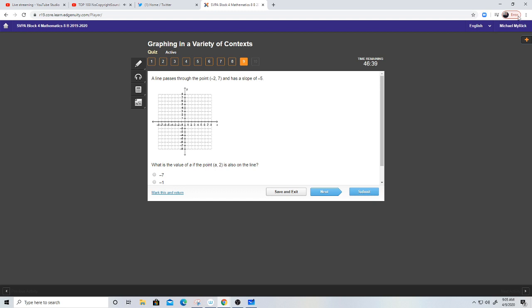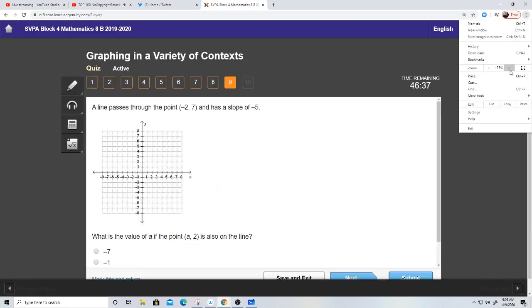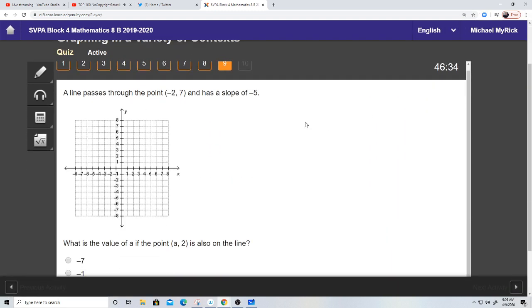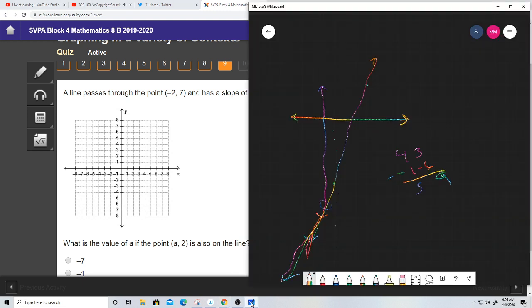Cheat codes. So we're going to start here, right? And remember, just to recap, -5 means we're going to go right 1, down 5.